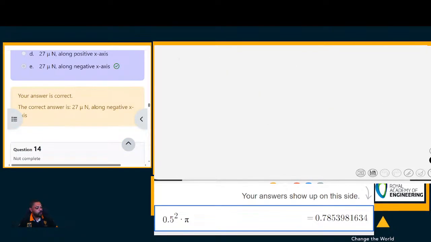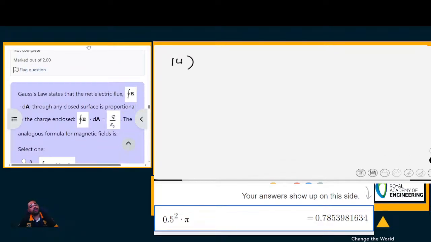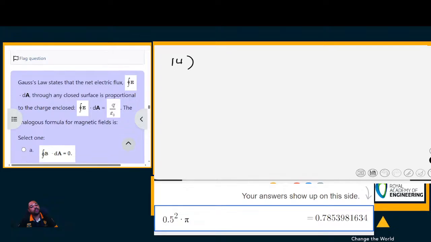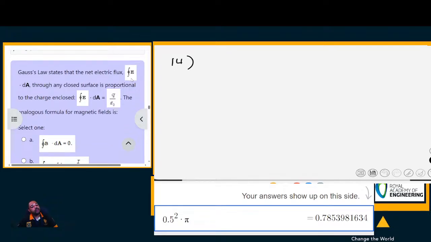Wonderful. Question number 14. This is an easy one. Gauss's law states that the net electric flux, the closed integral of the electric field through a surface area of any closed surface, is proportional to the charge enclosed.